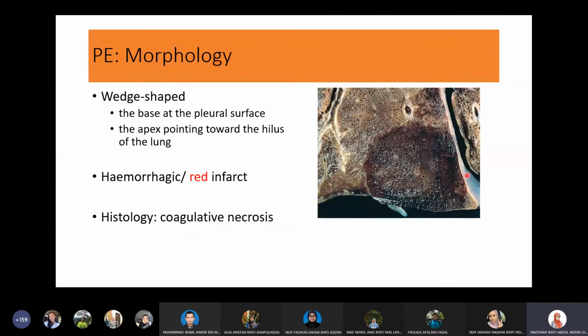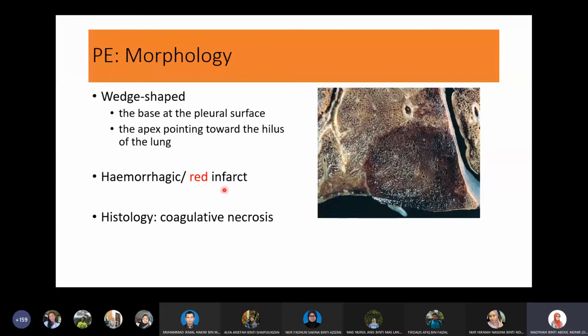You have learned this in the general module. So this is the lung tissue. This is what happens when you develop an infarct. It is wedge shaped. The base is at the pleural surface and the apex points towards the hilum of the lung. This is what we call a hemorrhagic or red infarct.